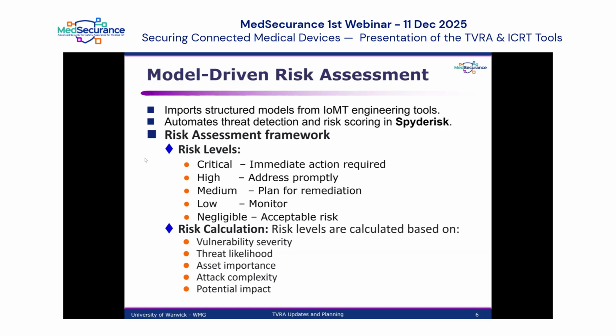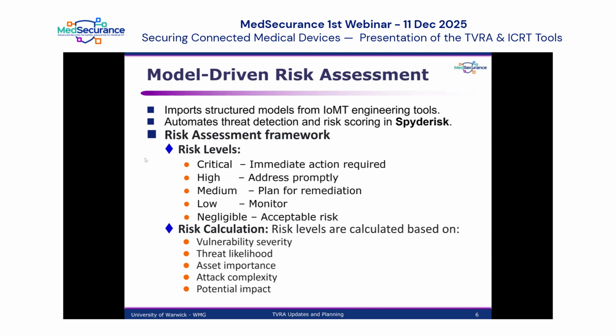So this way we have five levels of risk associated with the TVRA. How we calculate or assess the risk is based upon the vulnerability severity, threat likelihood, meaning how frequently the threat occurs within the scenario, and the asset importance. An asset is the device; you can say a medical device, router, or the connection between two devices.